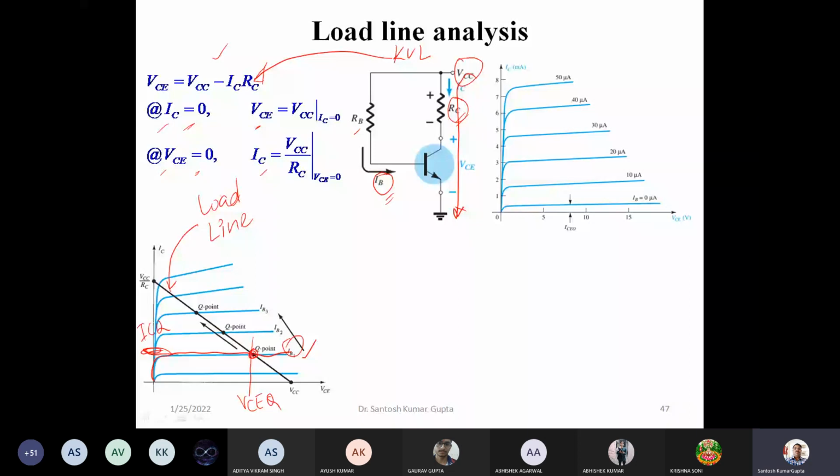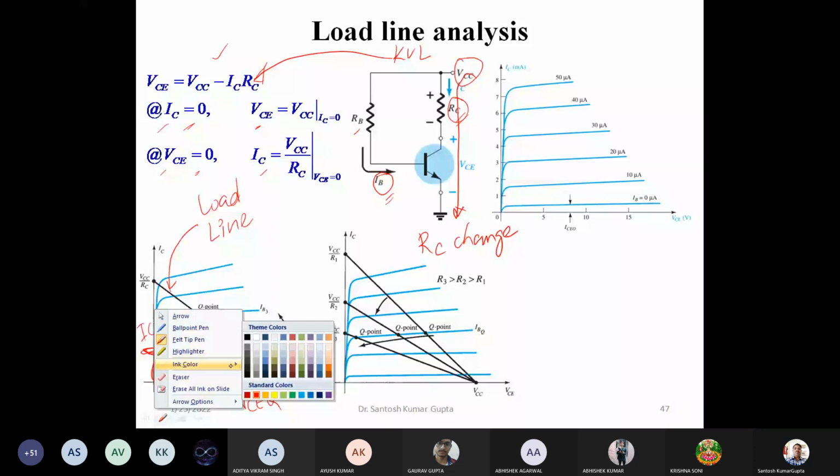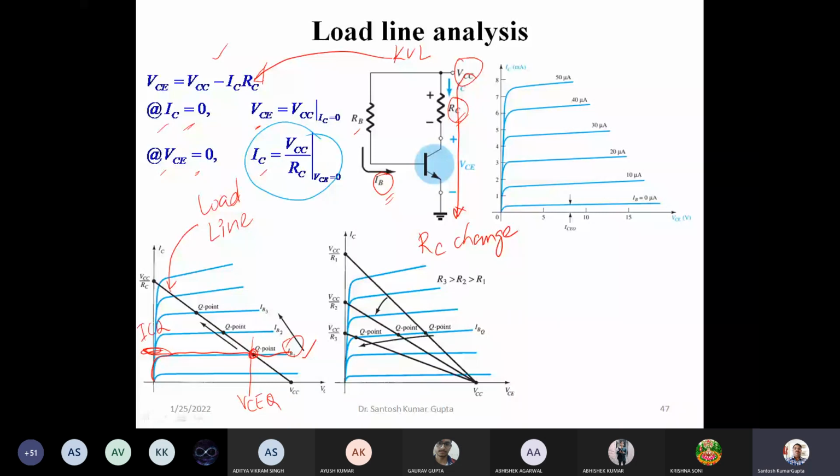Now, if we change the value of RC, then we can see from this equation, IC is equal to VCC upon RC, that if RC is increased, then IC will decrease for a fixed value of VCC.